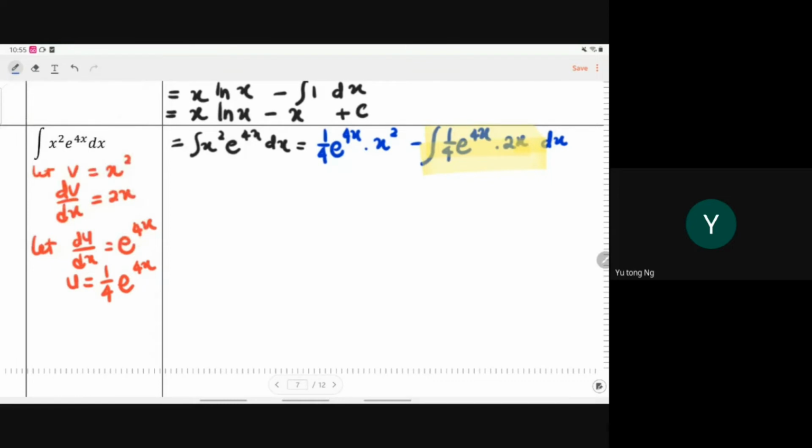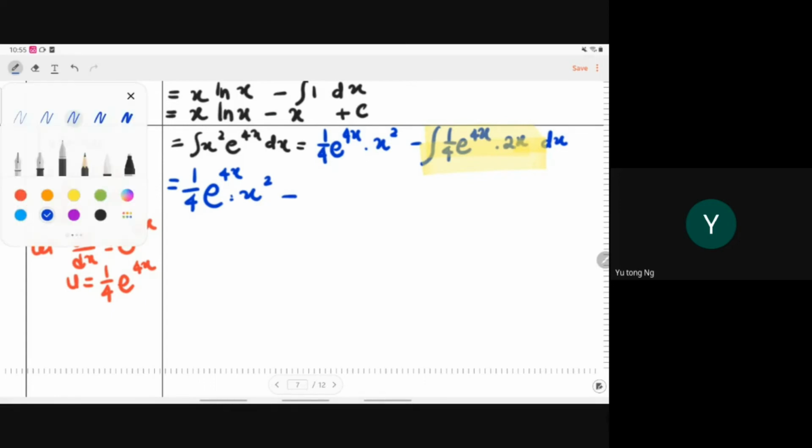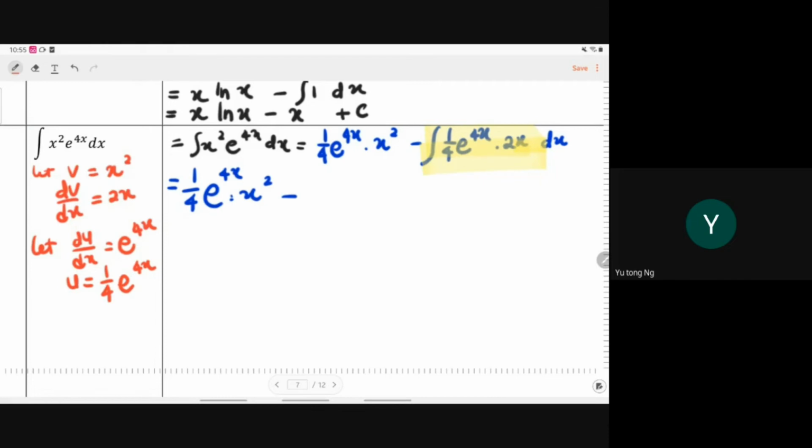So equals to 1 over 4 e for x, x square, minus, okay, so this one, teacher will use the same thing again.